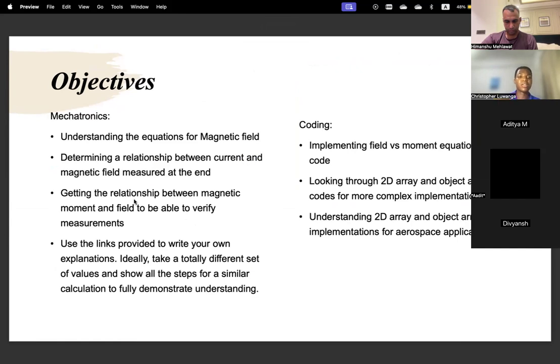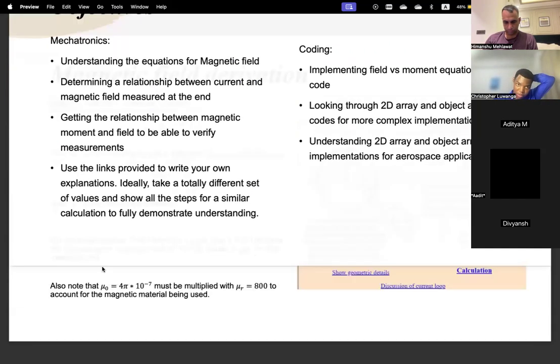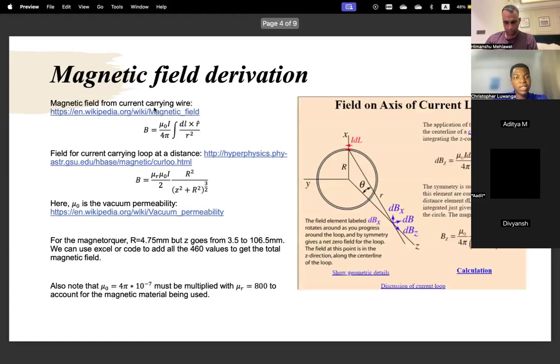That is for you in the mechatronics area. And the links I mentioned have a few more explanations about what each of these symbols mean. Okay, I'll stop there and await any questions from folks on the call.